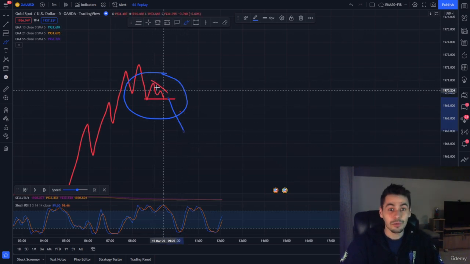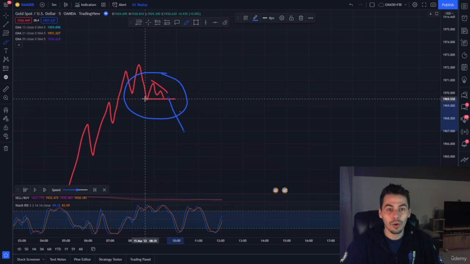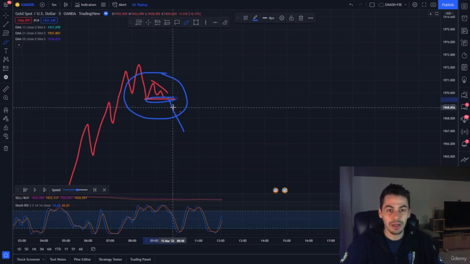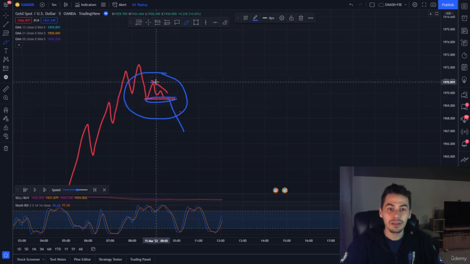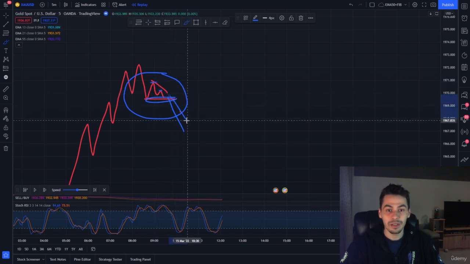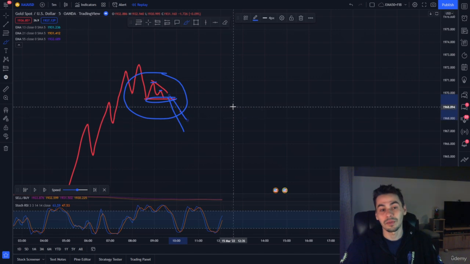The justification for this being that although buyers keep hold of this level because sellers aren't able to push to the downside, they keep losing momentum to the upside up until the final seller's push where they take the price to the downside.